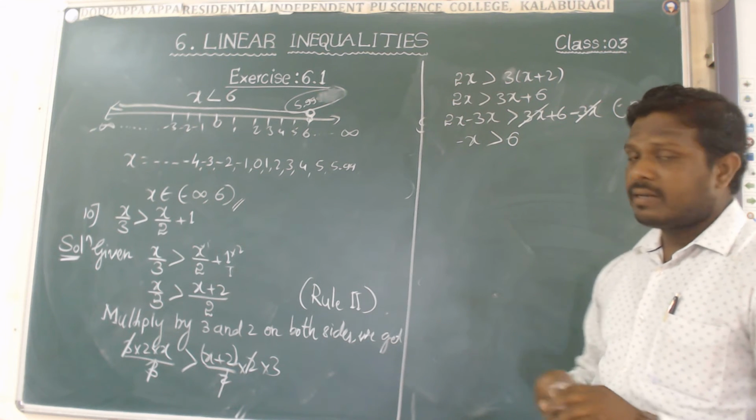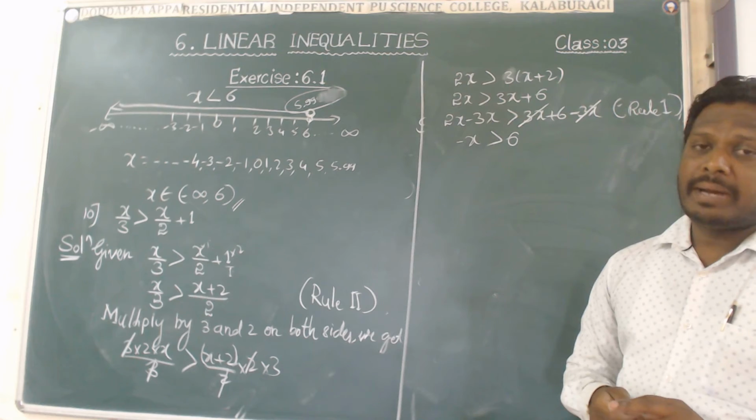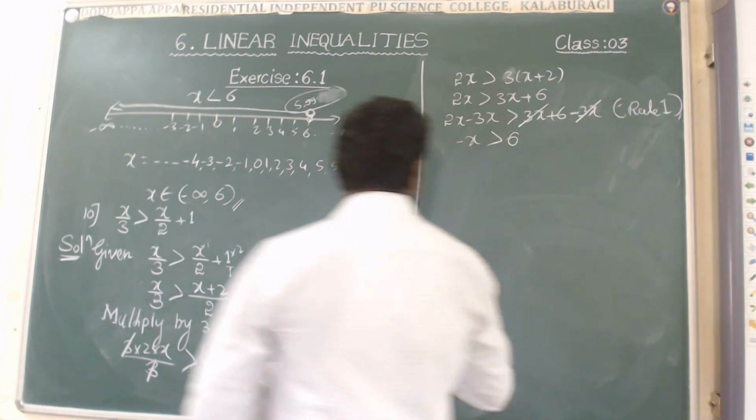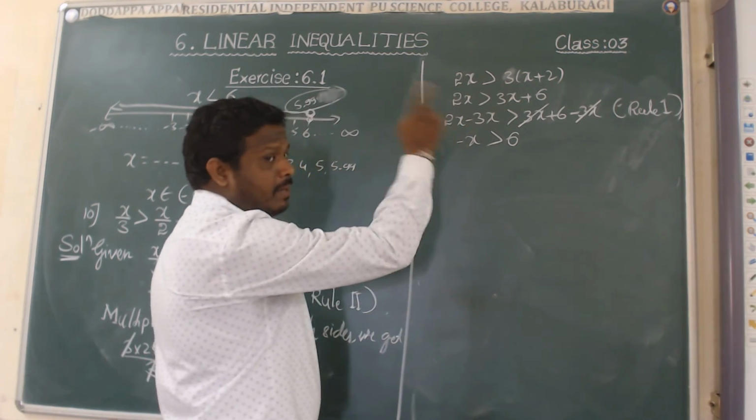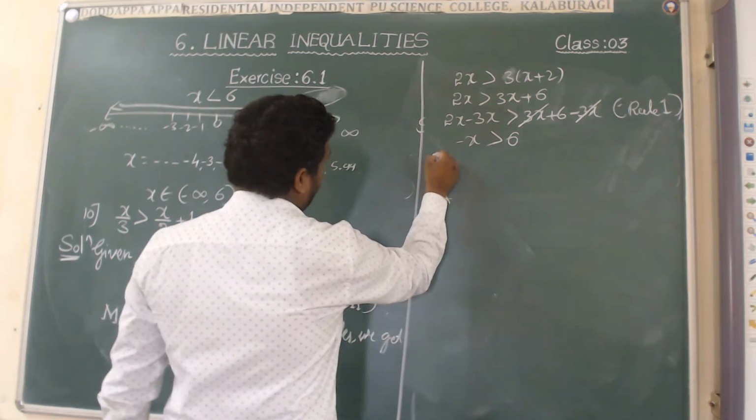So what do we do here? Yes, multiply both sides by minus 1. When multiplying both sides by minus 1, the sign will be reversed because of the second rule.